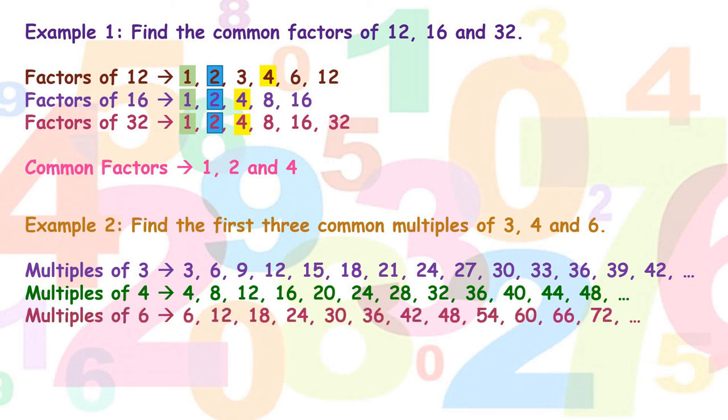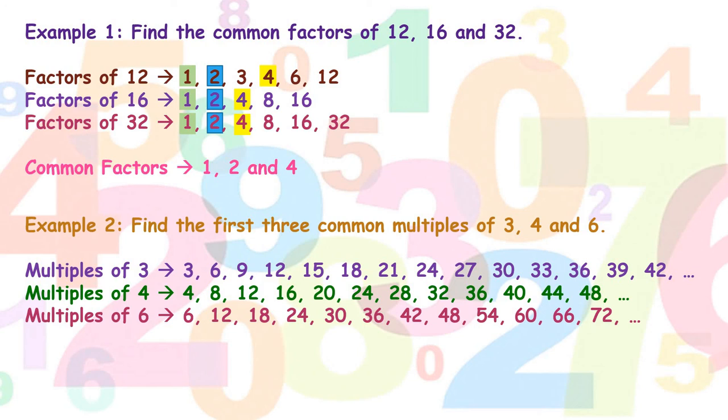Multiples of 6. These are multiples of 6: 6, 12, 18, 24, 30, 36, 42, 48, 54, 60, 66, 72 and so on. So I have given dots here to show that multiples never end.